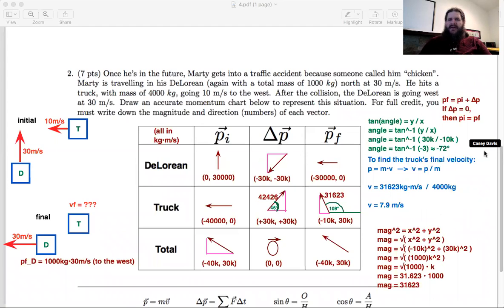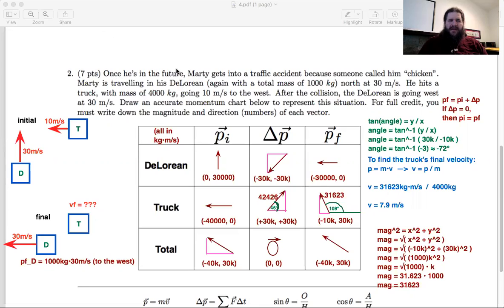If you multiply or divide by a scalar, what should we assume about the direction? Stays the same. Yeah, the direction stays the same. So the final velocity of the truck is 7.9 meters per second in the 108 degree direction. Same direction as the momentum, just in this velocity, the speed of 7.9 meters per second.